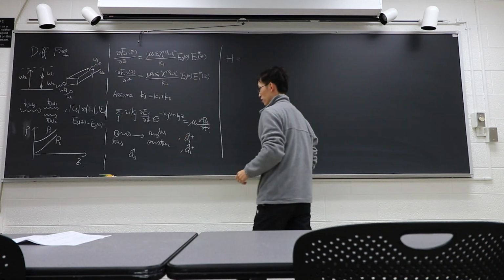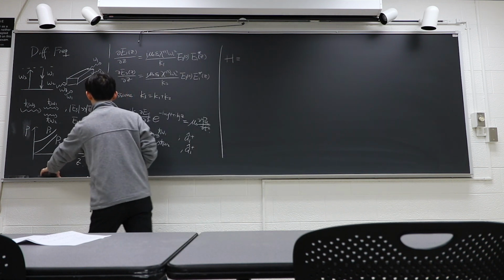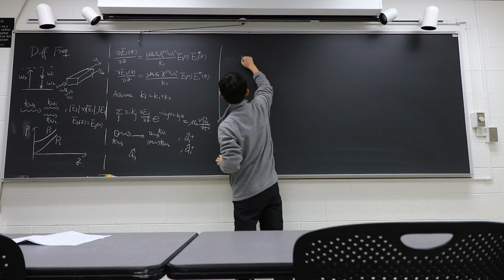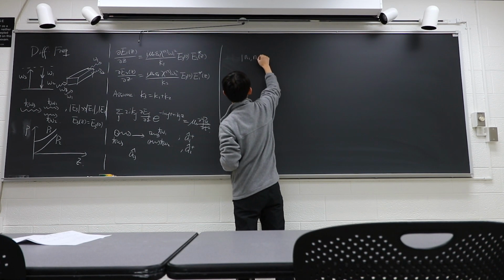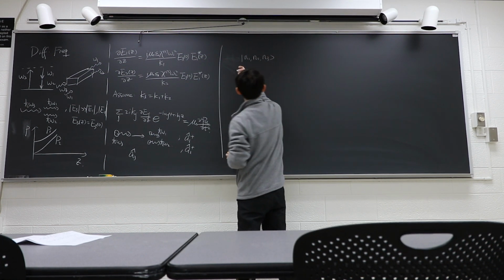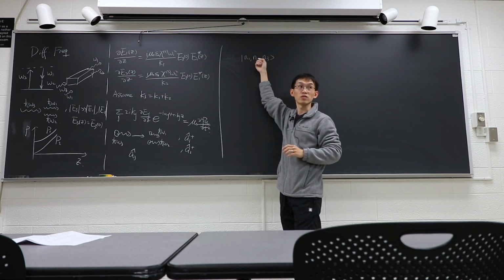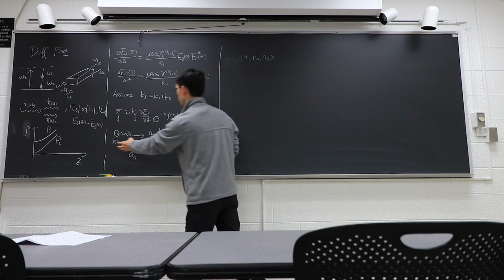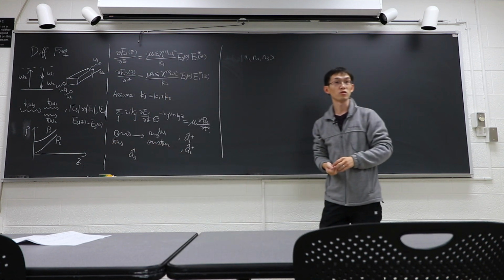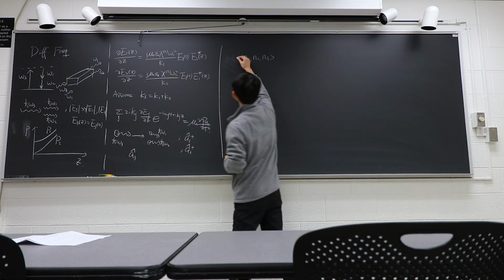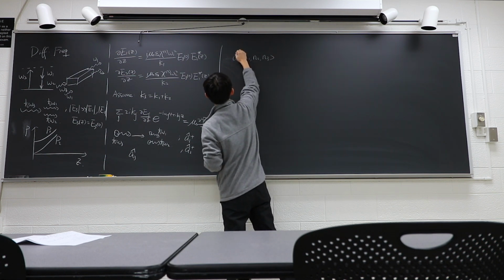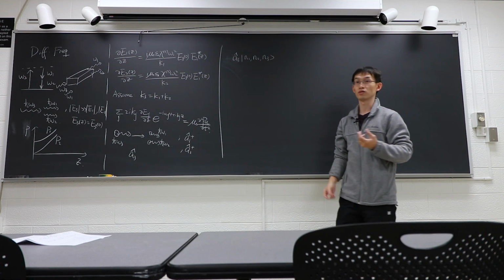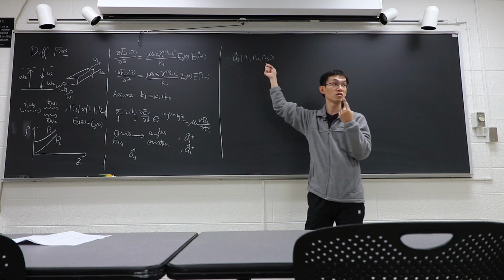And now think about the state. You label it as N1, N2, N3, the photon numbers of omega 1, omega 2, and omega 3. Now you want to move from here to here. Then what do you do? You first apply annihilation at omega 3, so you reduce the photon number by 1.